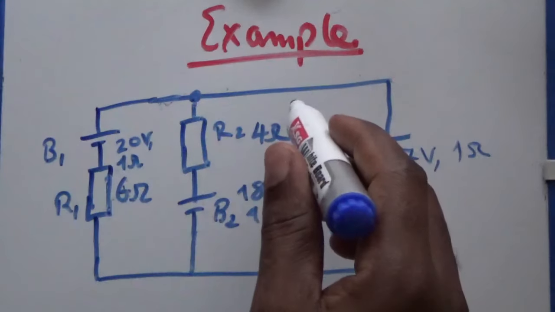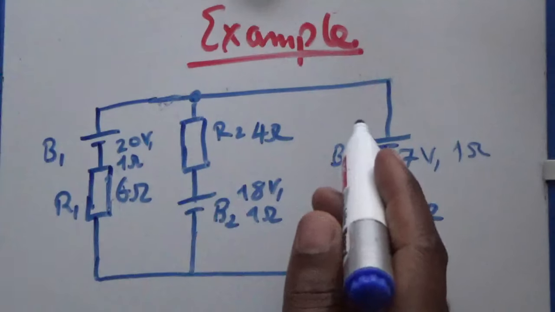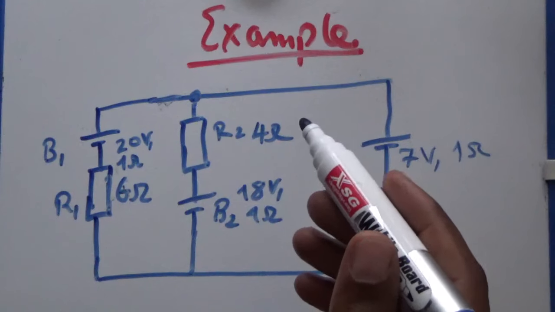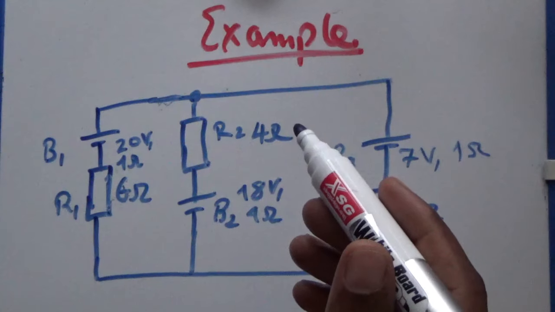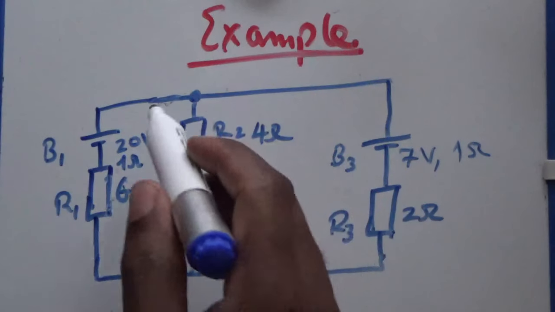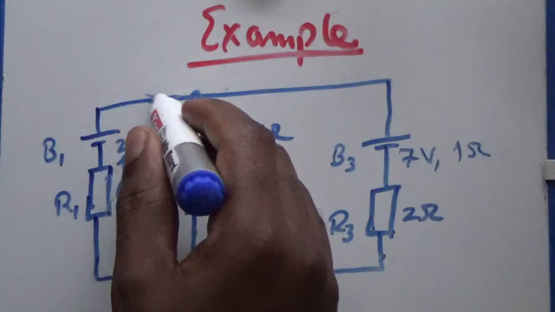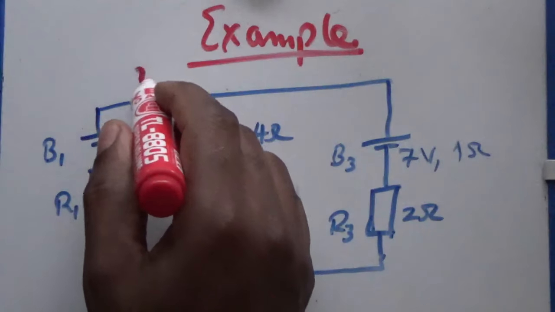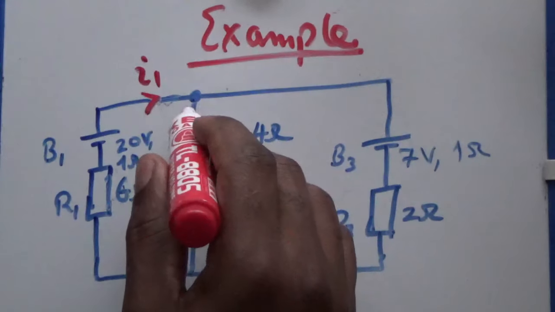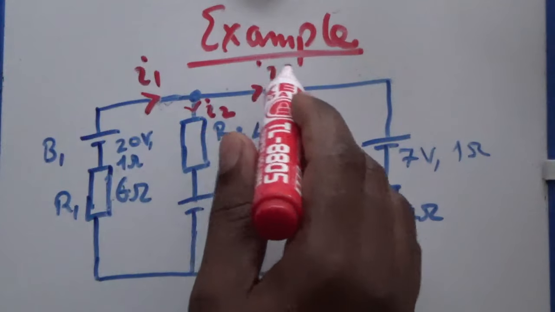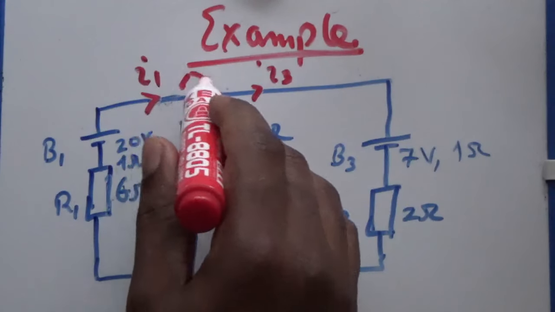Whichever is speedier or bigger will determine the direction of the current, but we can assume our own direction. So for starters, we can take this one as I1, and then we say that it will split into I2 and I3. So this is our node A.